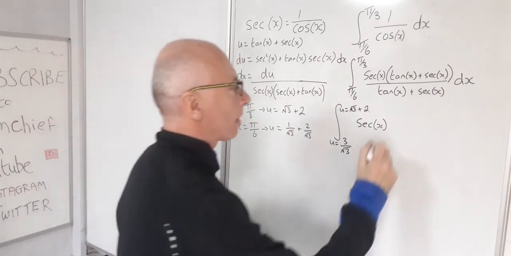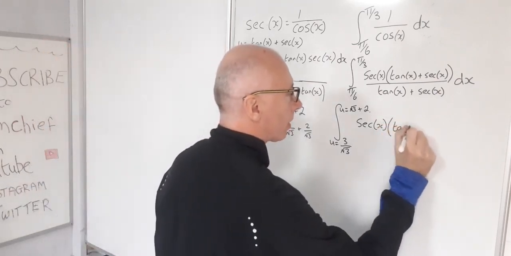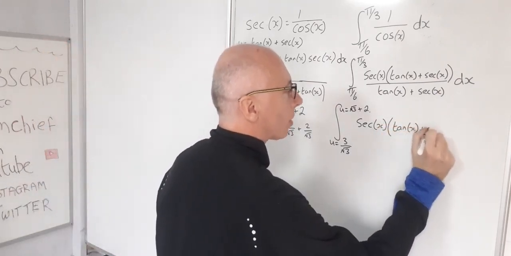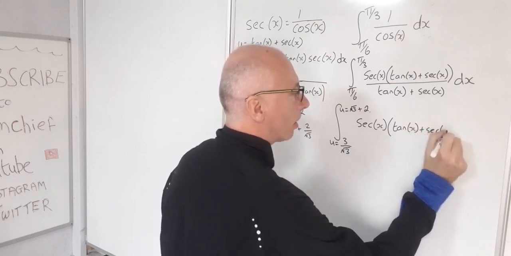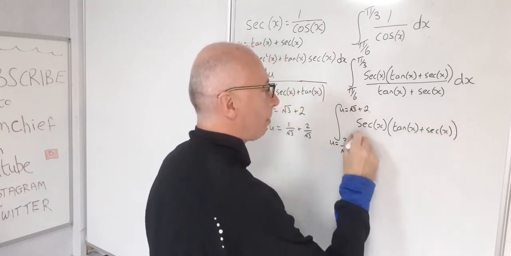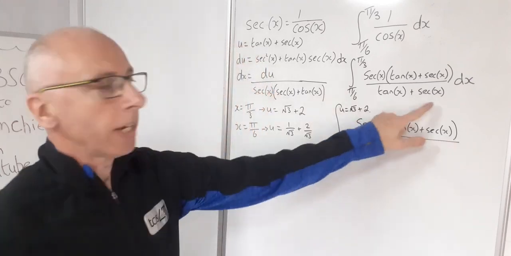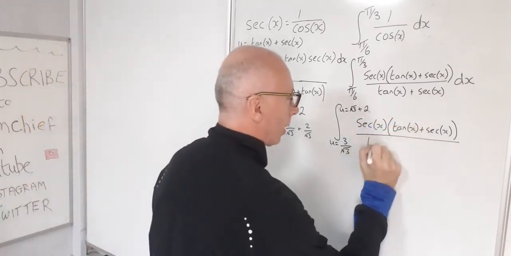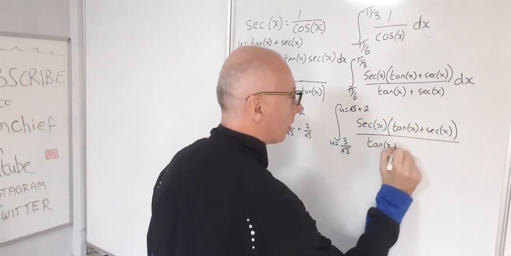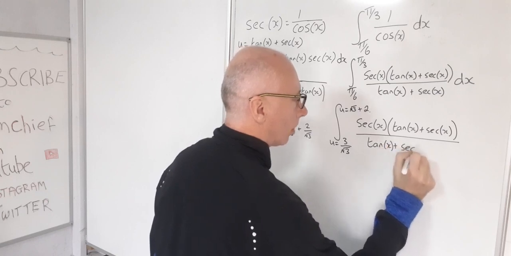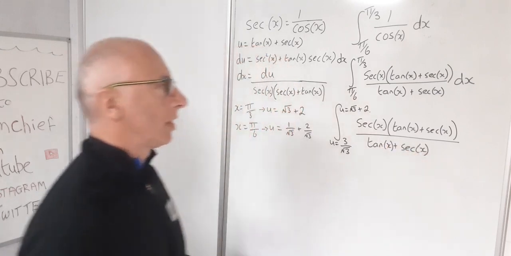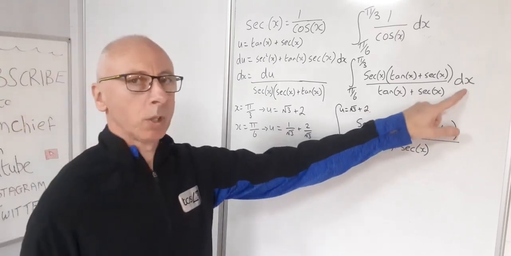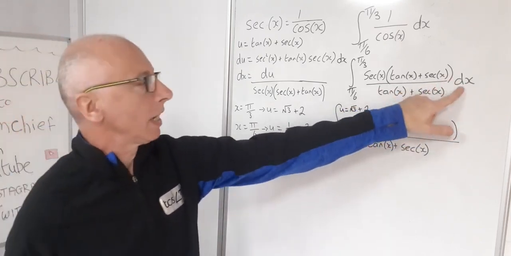So secant x times tangent x plus secant x, and then we've got tangent x plus secant x in our denominator. And then my du, which comes from my dx.